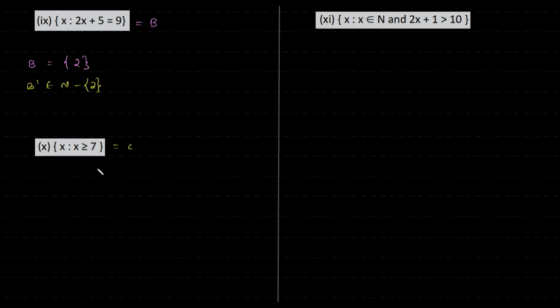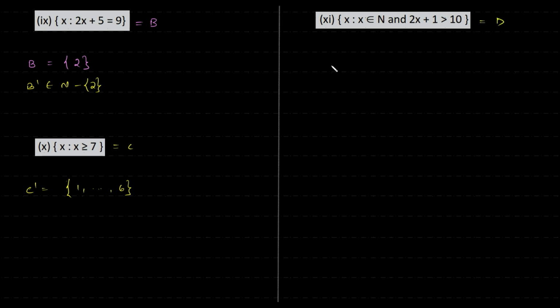So I'll call this C. So C dash would be all the numbers from 1 to 6, excluding 7, including 6. Something like this. Does it make sense? Again, you can write it in roster form or set builder form, doesn't matter. That is the outcome though.